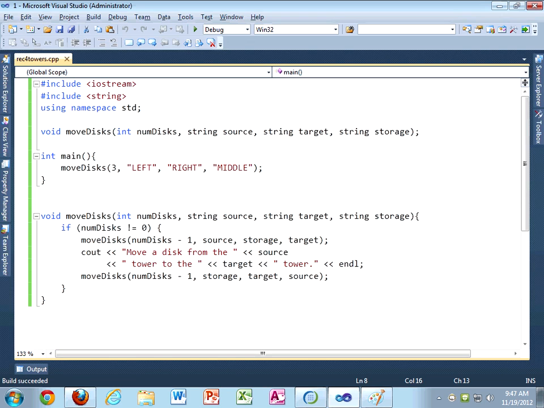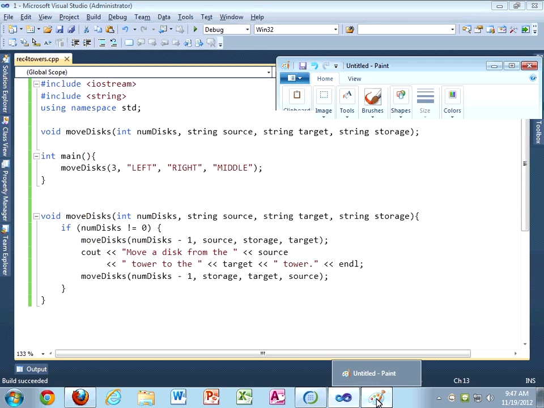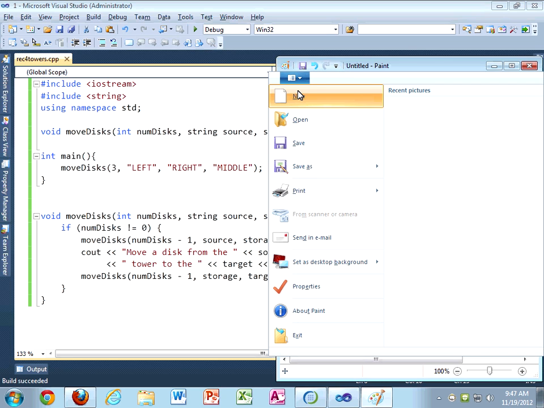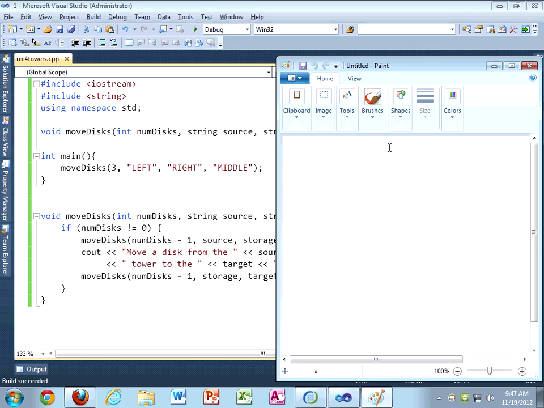No matter what you do. Okay, so I need to use paint just to draw a little table here. So I want to figure out how many moves it's going to take. Okay, so this is going to be sort of an algebra type problem.